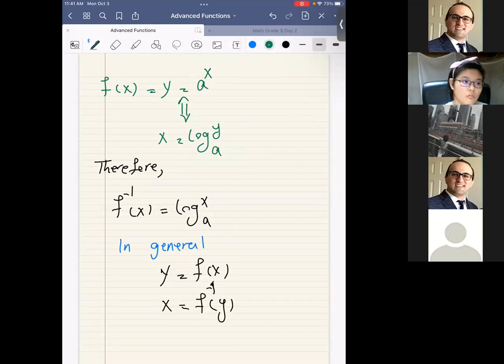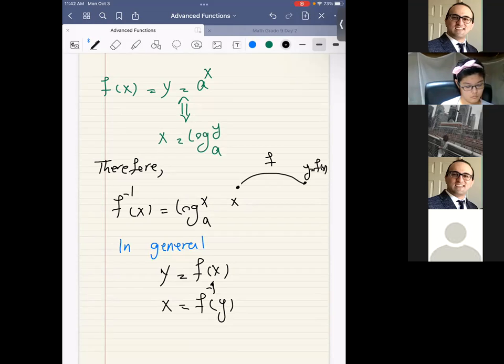If you want to have a picture in your mind, it could be challenging, but you just have to think about it. Imagine that this is x, this is f, and this is y, which is equal to f of x.